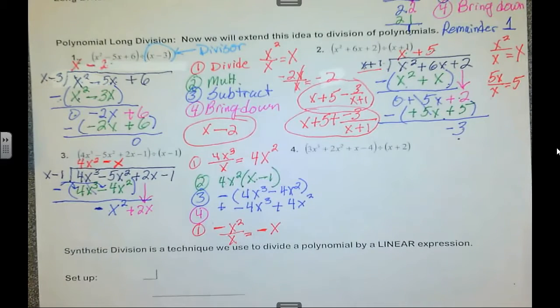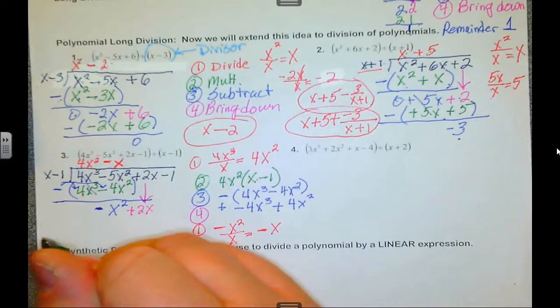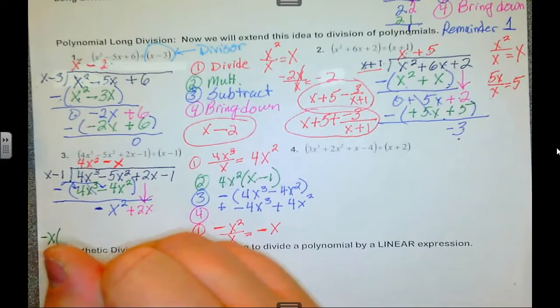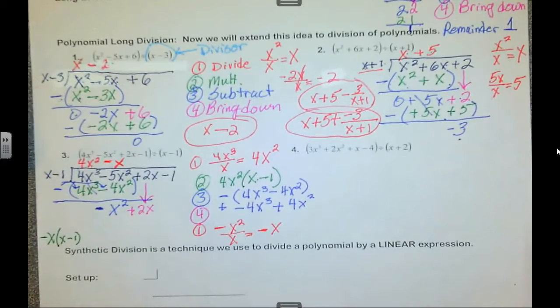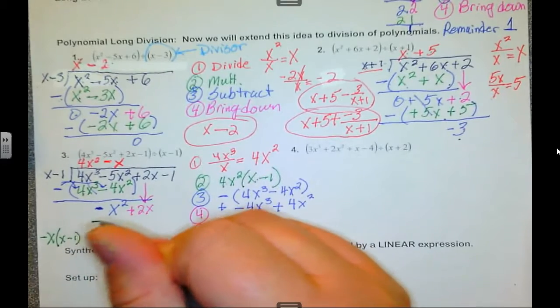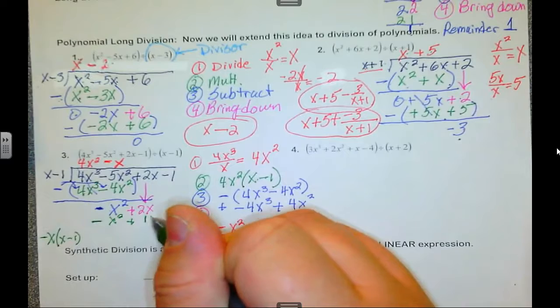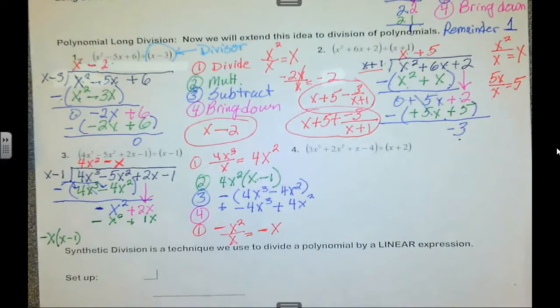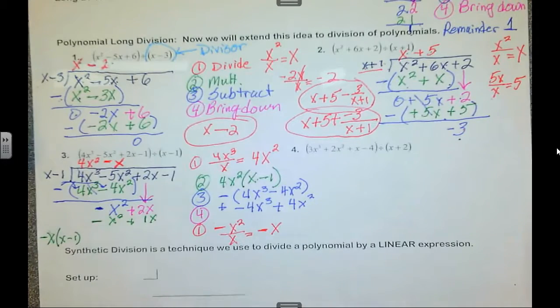Okay, then multiply. So again, we're going to distribute, right? Negative x times x minus 1. Negative x squared plus 1x. Right? Distribute.